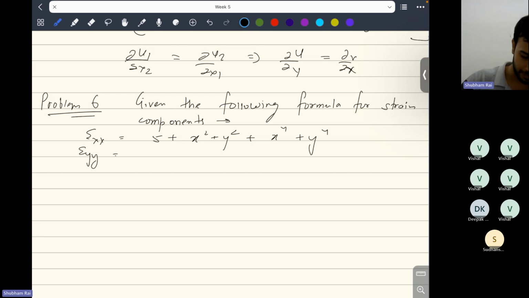Epsilon yy is 6 plus 3x square plus 3y square plus x4 plus y4.